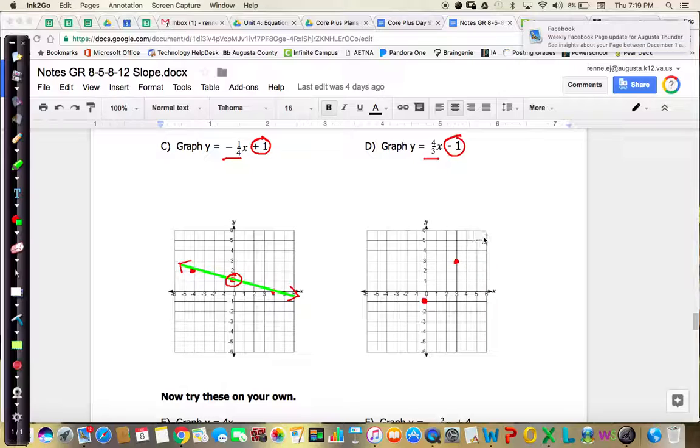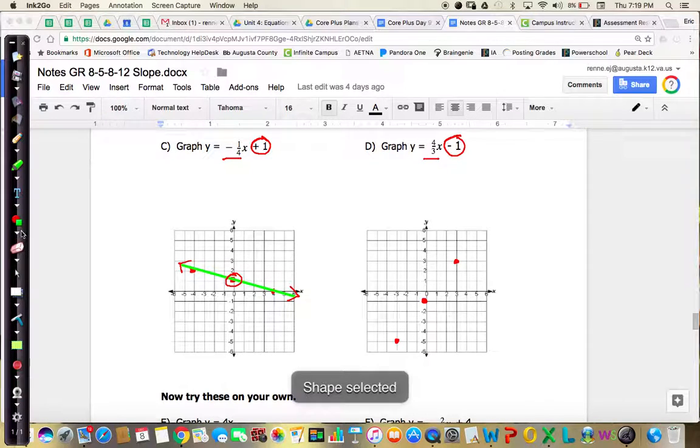I can't go any further without going off the graph, so now I'm going to go back to the y-intercept, and I'm going to go down -4, and I'm going to go over -3 because a negative divided by a negative is a positive. So I've still maintained the positive slope. And, whoops, let's make the line here.